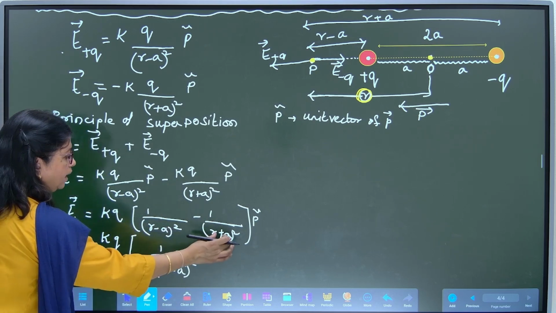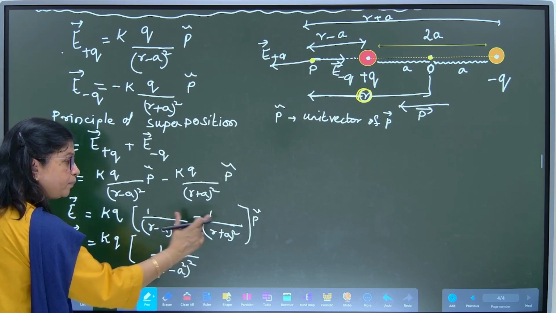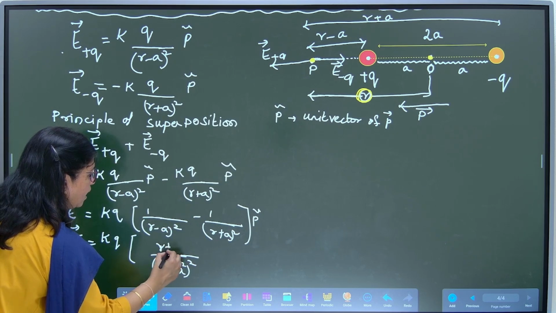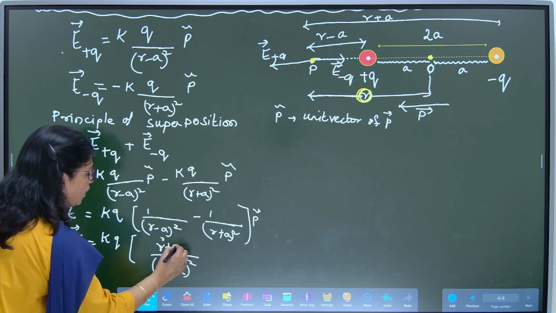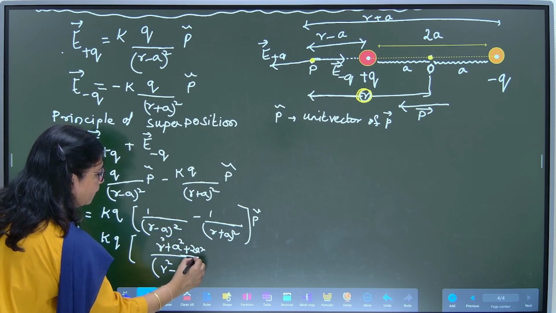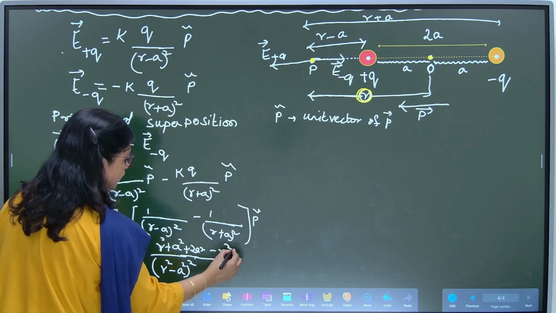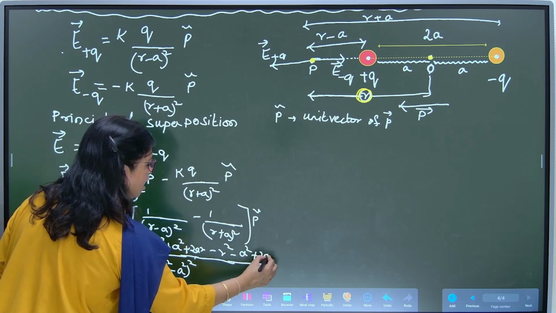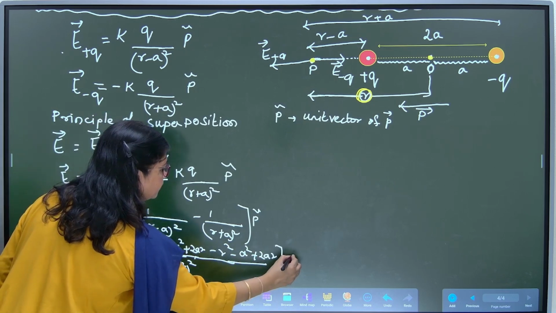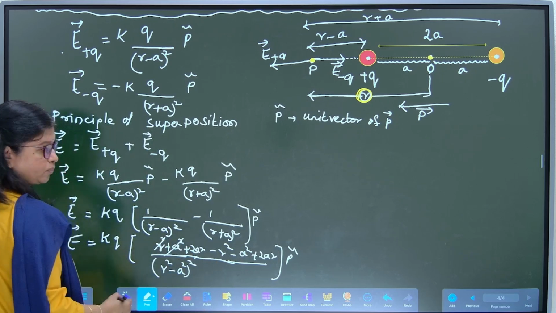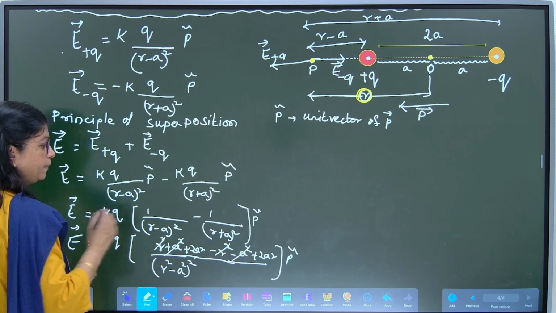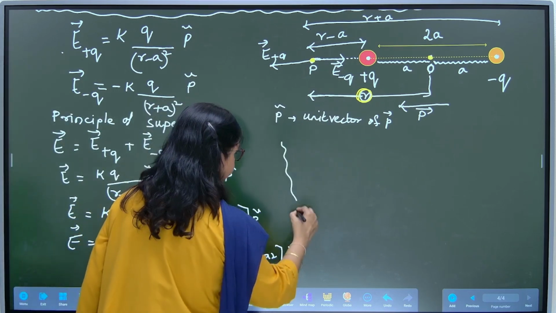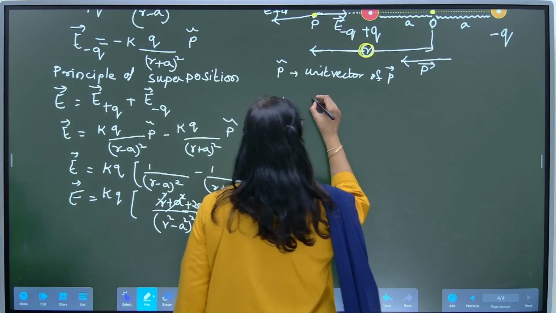Up, I write it as R plus A whole square, which is R square plus A square plus 2AR, minus R square minus A square plus 2AR. Okay, P cap. So R square cancels with this. What am I left with? 4AR.